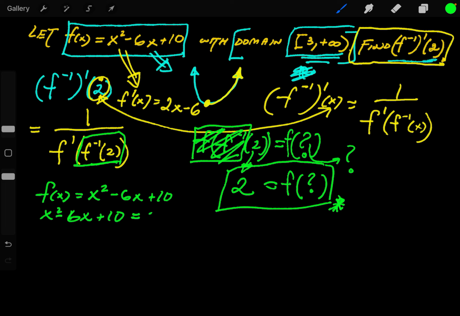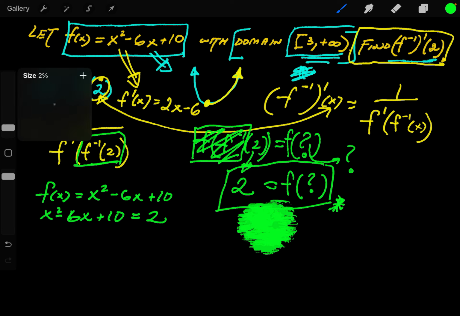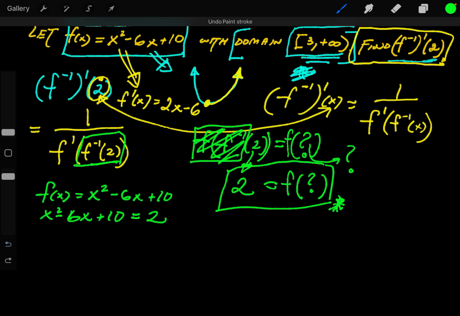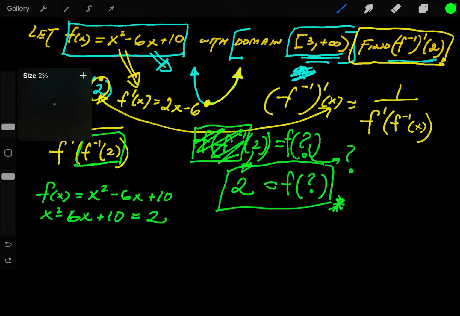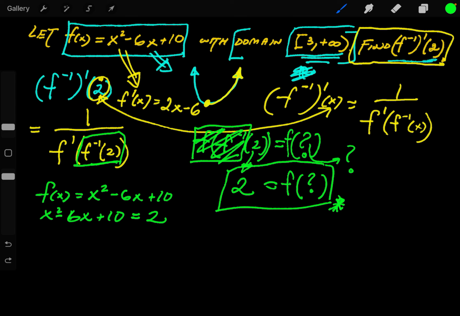If you take your time, it's typically a nice value. So if I said 1, 1 won't work. 1 is going to give me 1 minus 6 is negative 5 plus 10 is 5. It doesn't equal 2. So the question mark isn't 1. But maybe it's 2.